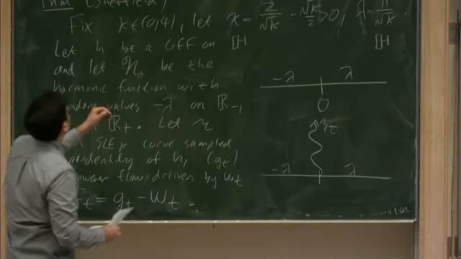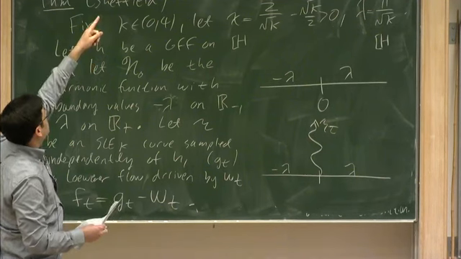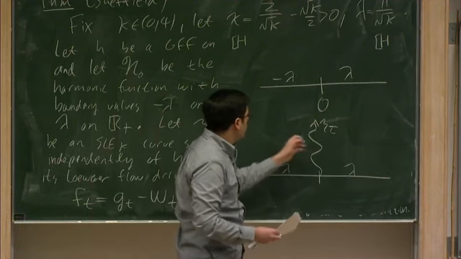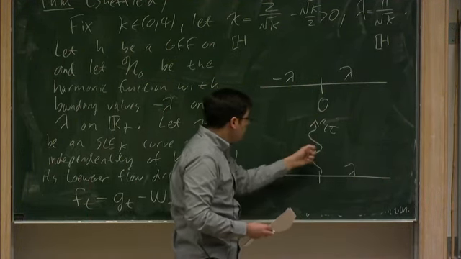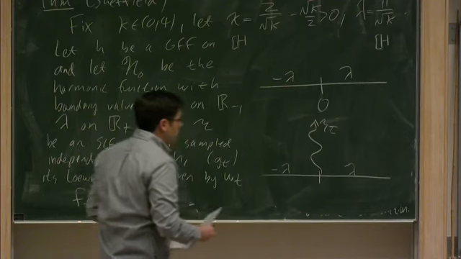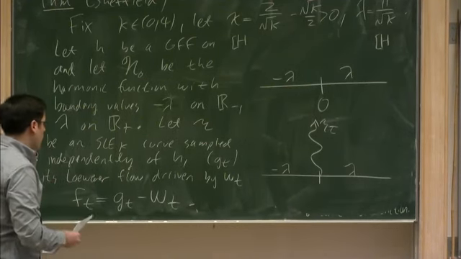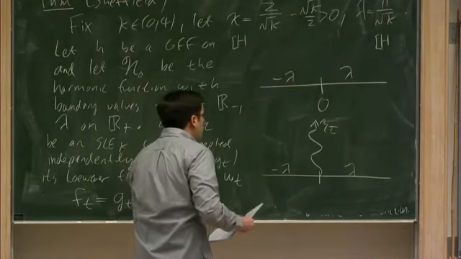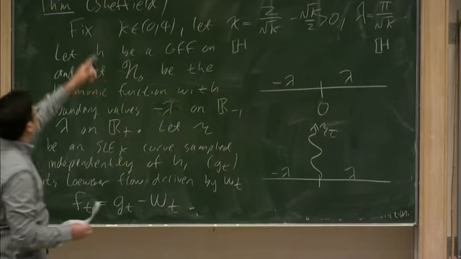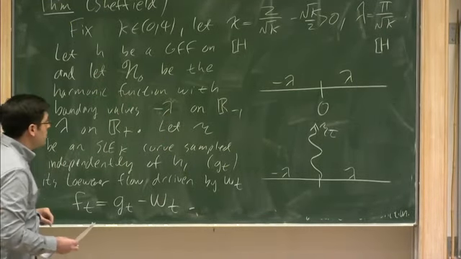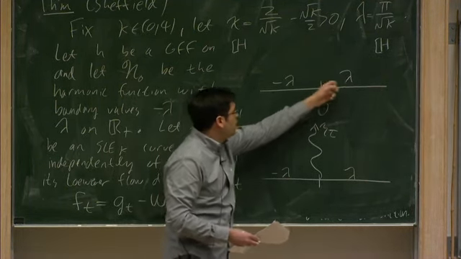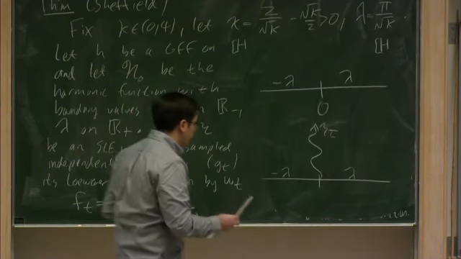This is the calligraphic h sub tau that you see on the right-hand side. We're giving boundary values for our Gaussian free field here, which are given by what they would be if this were a flow line of an honest vector field e to the ih. And the theorem statement is that the field that you get down here, which is the one described on the right-hand side up there, has the same distribution as just the Gaussian free field in the upper half plane with boundary values minus lambda and lambda.